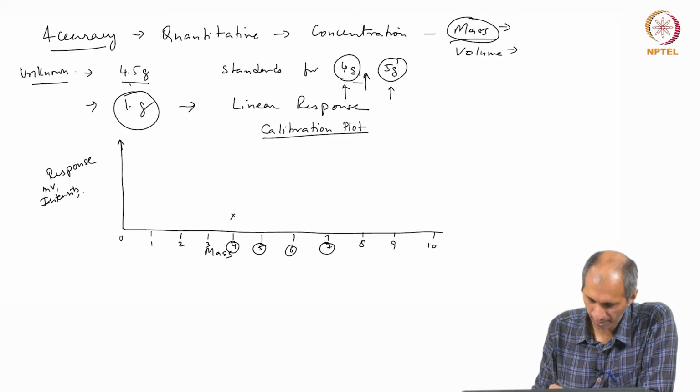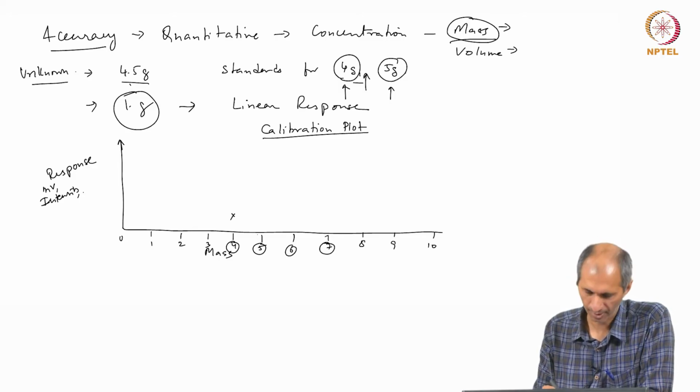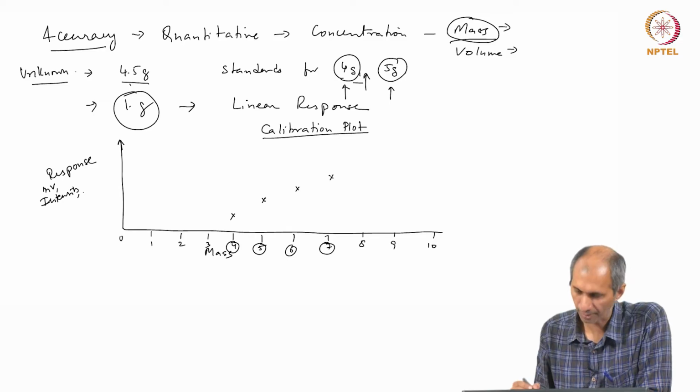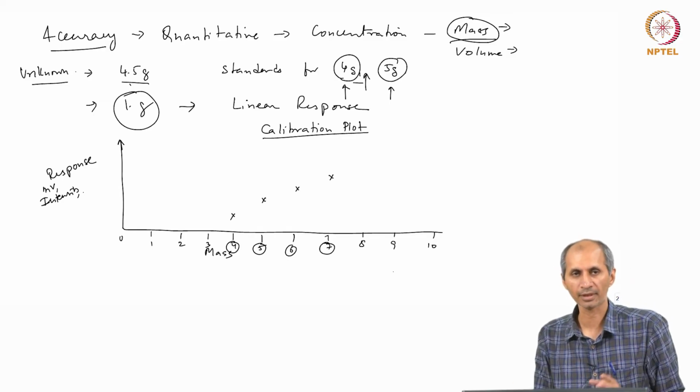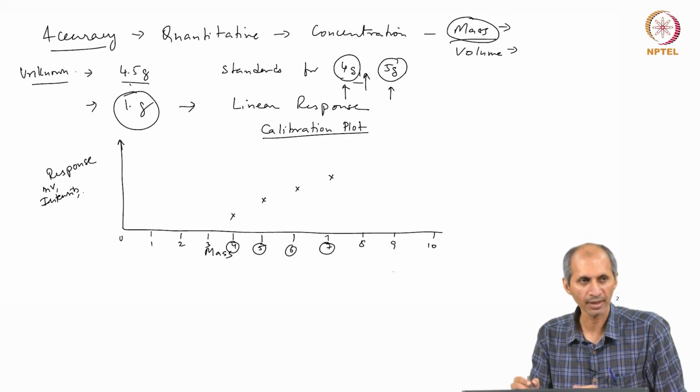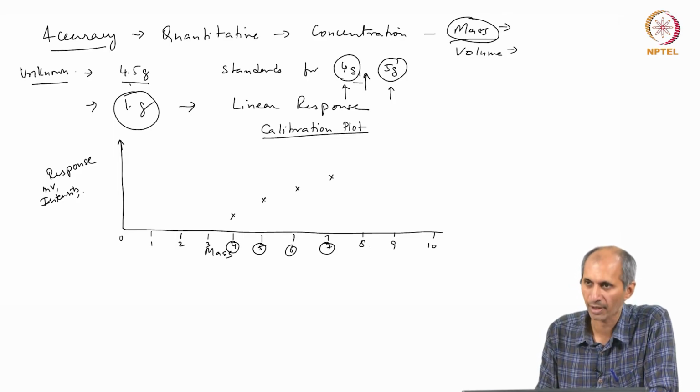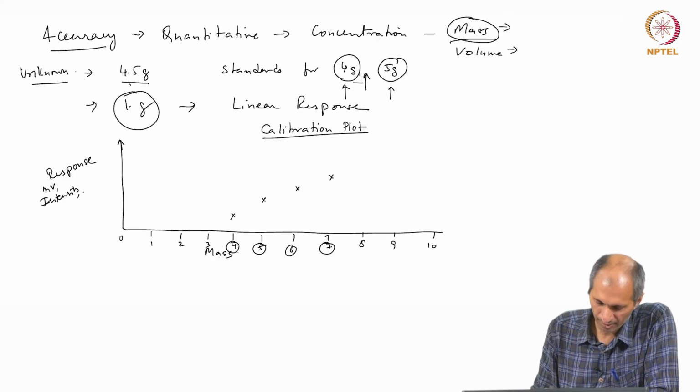I measure this, the instrument gives a response like this. What I am seeing is that the instrument is giving an increasing response when I am increasing my mass on the x axis. Okay.